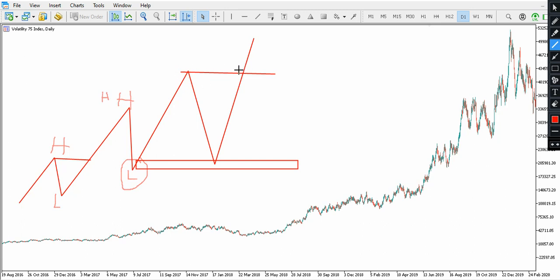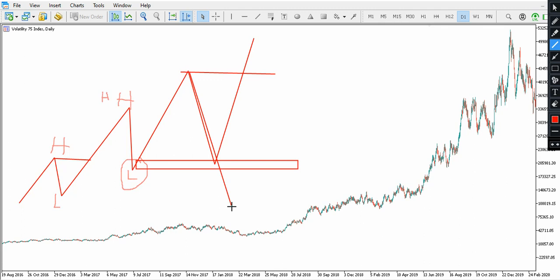Why will this be your take profit one? Because there's liquidity above here where the price moved down.